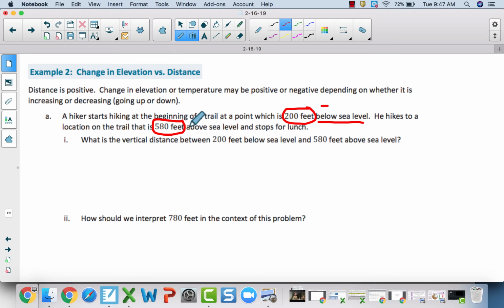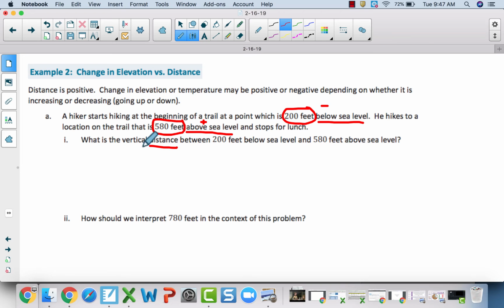So that's going to tell me that is a positive. What is the vertical distance between 200 feet below sea level and 580 feet above sea level? So this is asking for the distance. It's not asking for like how did it change. Just asking what is the distance.